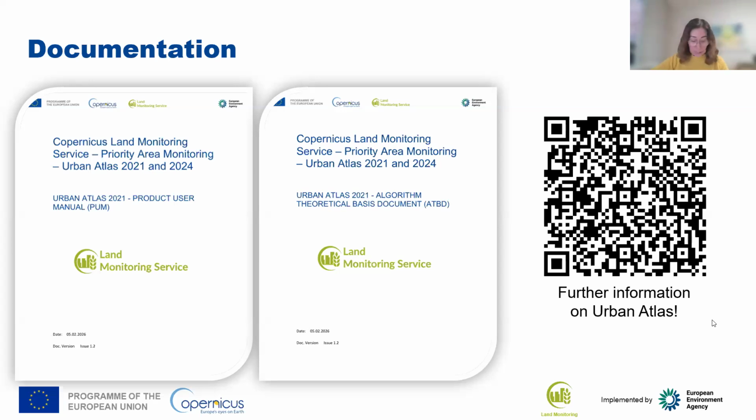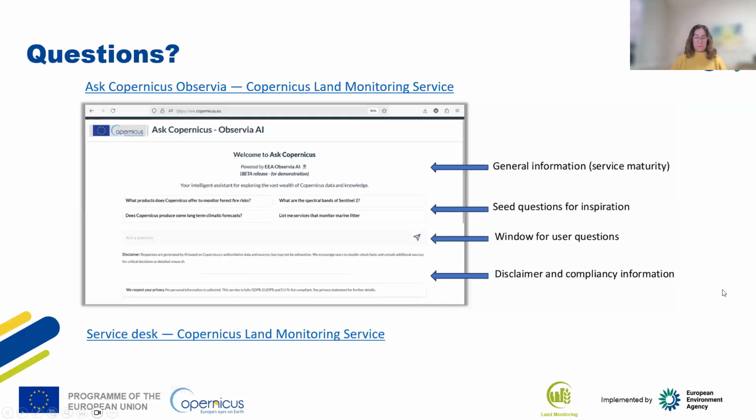And next slide, please. Now, if you don't want to read all the documentation, you can also choose to ask the Copernicus service called Observia. Observia simplifies intricate information for user comprehension, provides clear explanations and contextual understanding, enhances user engagement through interactive information, and tailors the complexity of content based on user questions.